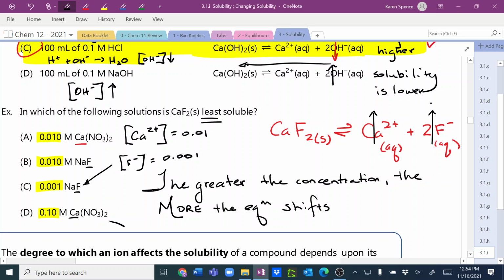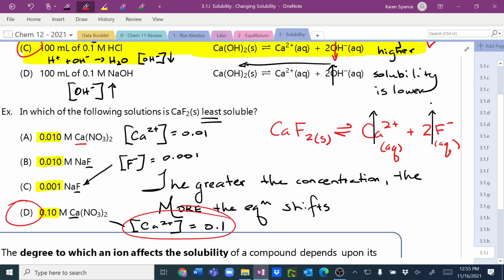And here we have the concentration of calcium, which is 0.1. So because this one is the largest concentration, it's going to cause the equilibrium to shift the most. Yes? Does that make sense? Yeah? No?